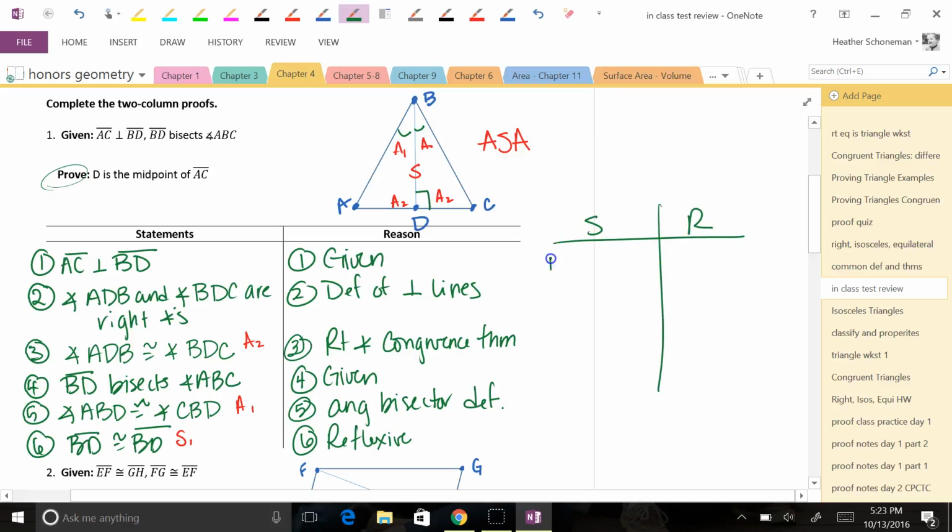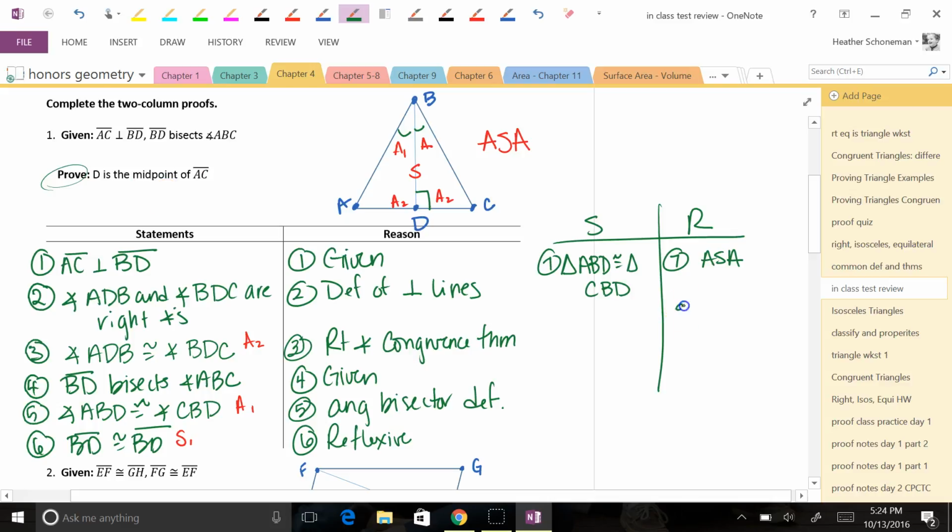Alright, keep going. So we know that triangle ABD is congruent to triangle CBD now. And our reason, well, the method we used was angle, side, angle. Alright, so now we have to figure out how we're going to make this proof work.